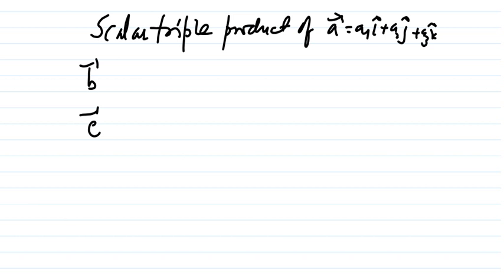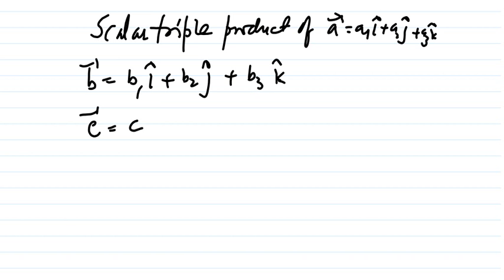B is equal to B1 I cap plus B2 J cap plus B3 K cap. C is equal to C1 I cap plus C2 J cap plus C3 K cap.